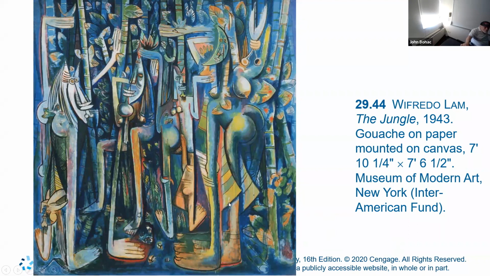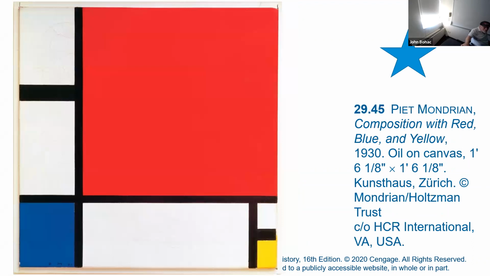And I have this, probably should be in the next chapter, but there was a guy painting in the United States, Wilfredo Lam, and it's kind of cubist, it's kind of random, it's kind of surreal.